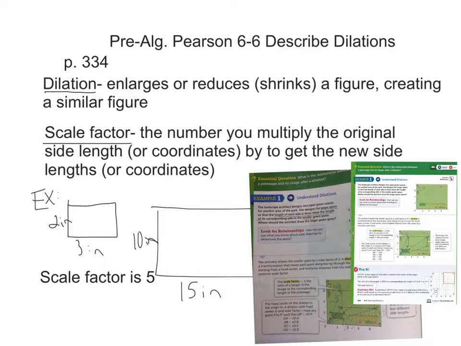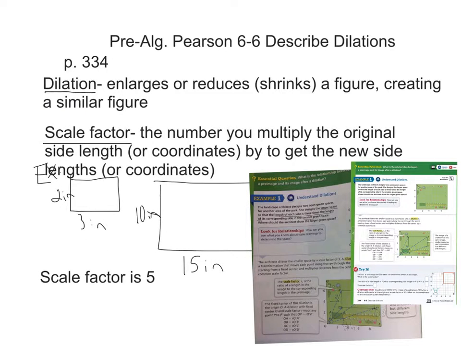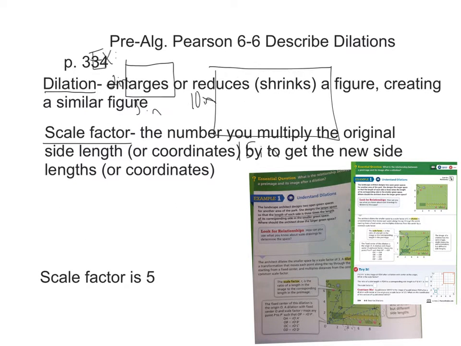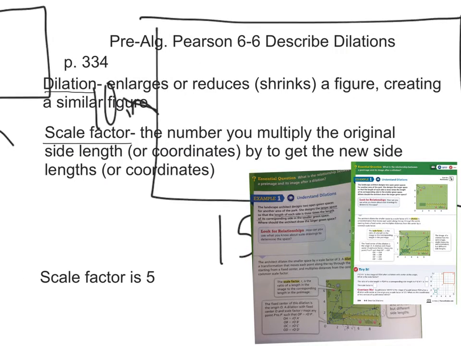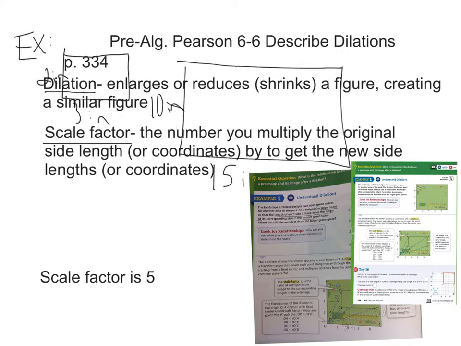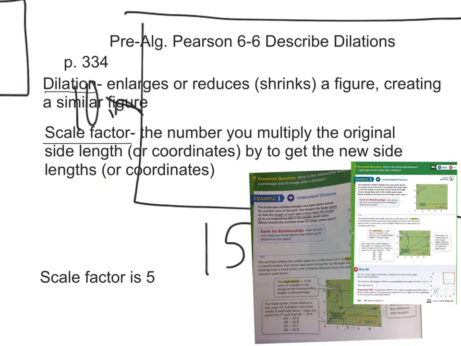Dilation could be enlarging or reducing or shrinking a figure, creating a similar figure. If you've ever worked with something on Microsoft Word or a program like that, you can drag on the corner, which makes it bigger or smaller.